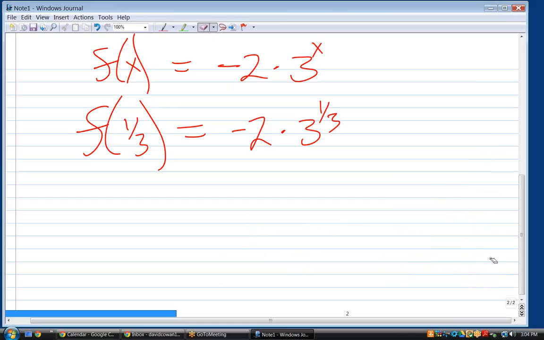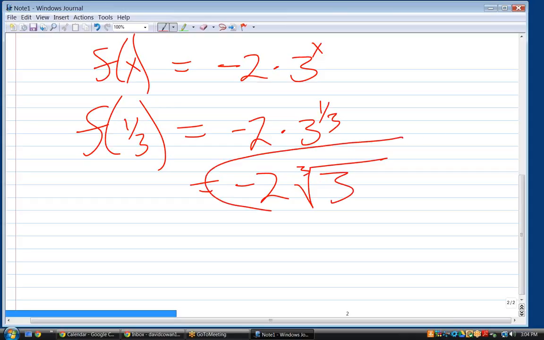So we've got -2 cube root of 3. So that's the way to show the answer. That's the best answer.